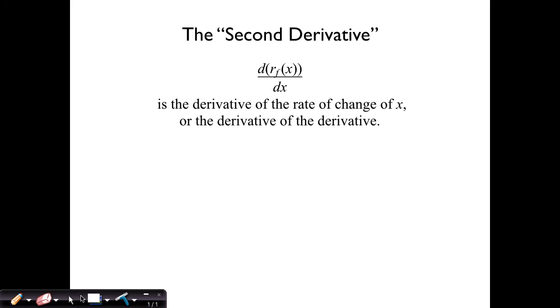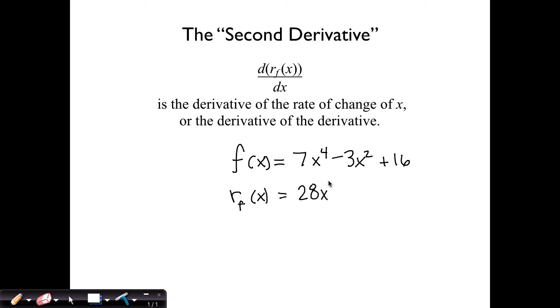For instance, and this isn't really our focus, if f of x is, let me give you a simple one, 7x to the 4th minus 3x squared plus 16, the rate of change of that exact closed form would be 28x cubed minus 6x, and then the 16 goes away.